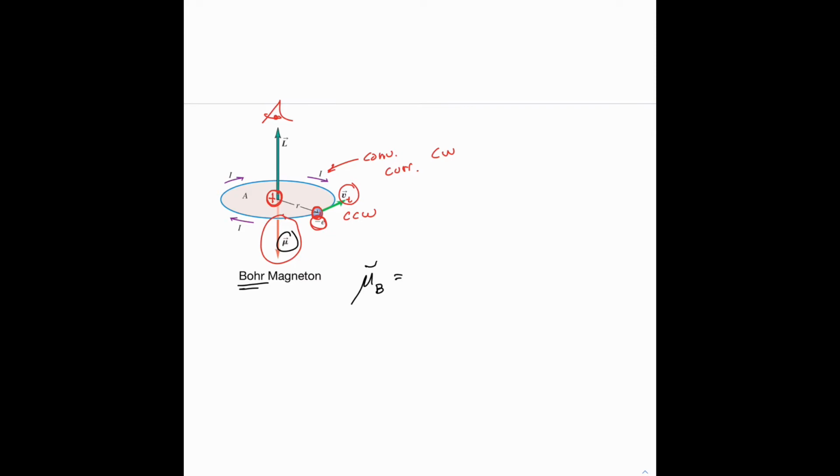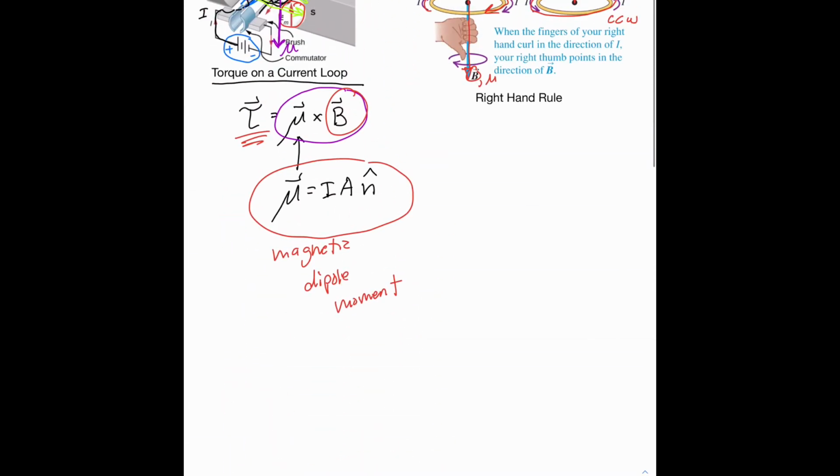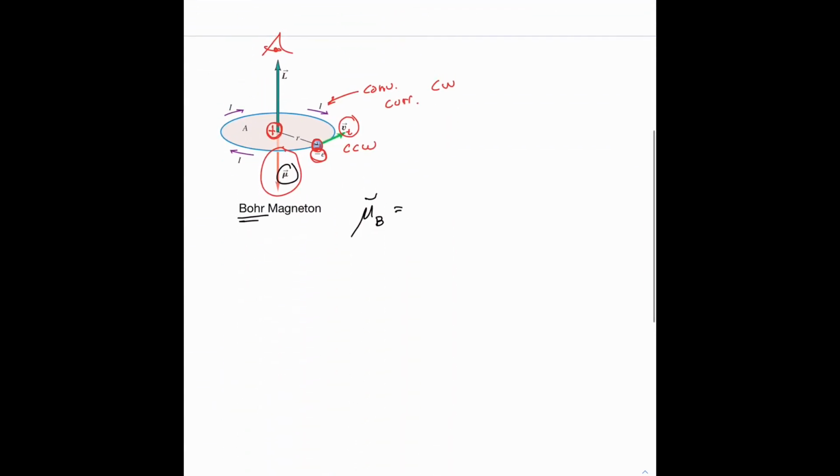First of all, we'll just refer back to what we stated earlier, that magnetic dipole moment is the product of current and area. So let's make that step number 1 of a derivation: current times area. Now current is measured in coulombs per second. It's the rate of flow of electric charge, and what's flowing in this case is an electron. So we can say that the Bohr magneton is equal to the charge of the electron.